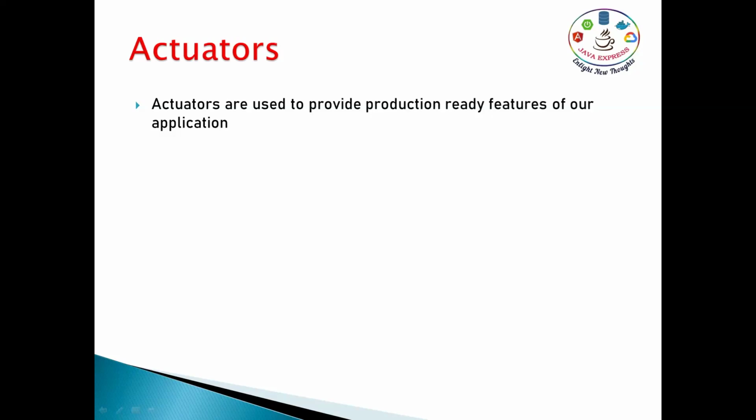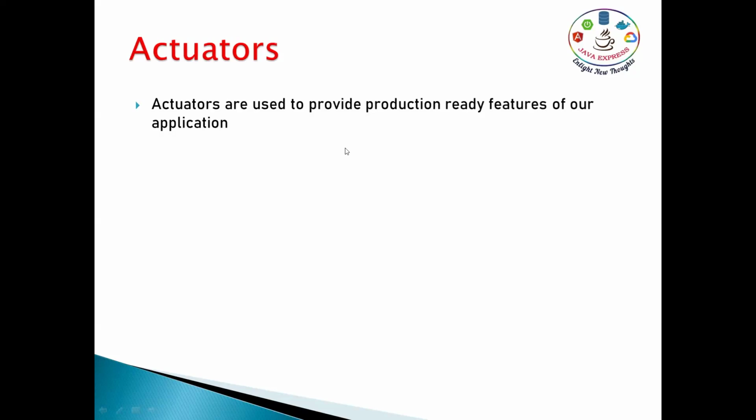When I say production ready features, it means how much memory it is taking, how your JVM is behaving, how many threads are created, what environment variables are loaded, how many objects are created, and how many HTTP requests you have made till now. Complete metrics about our application will be available through actuators.